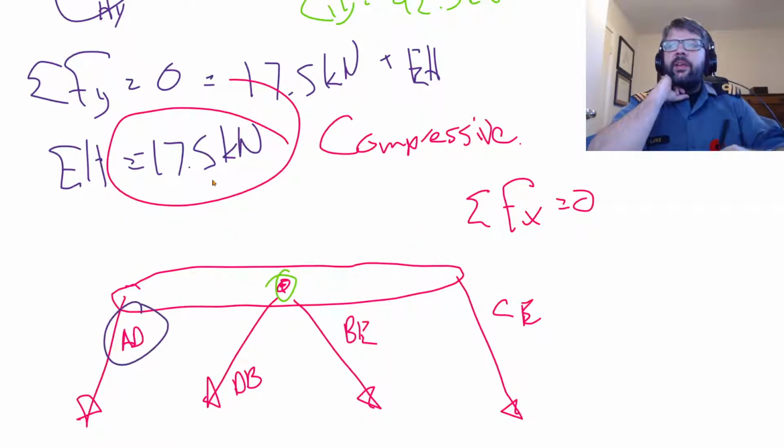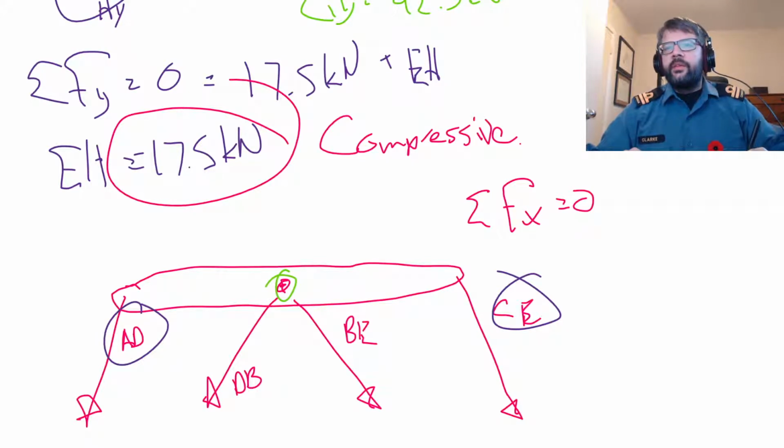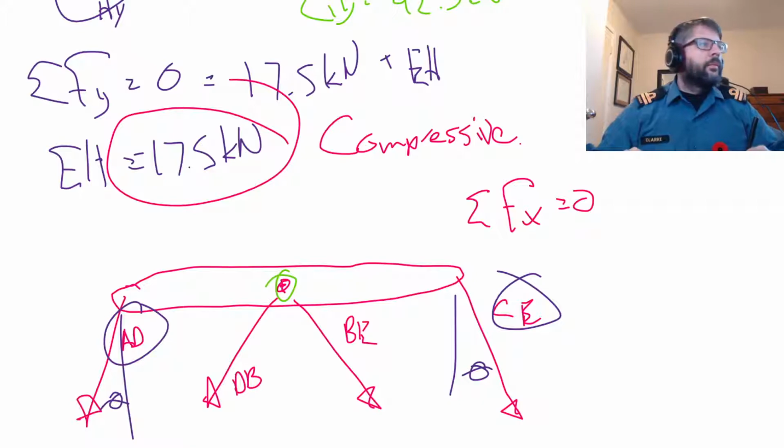We've got AD and CE, and they're at the same angles, just in opposite directions. Like, this angle here and this angle here, that's the same. And their magnitude's the same.